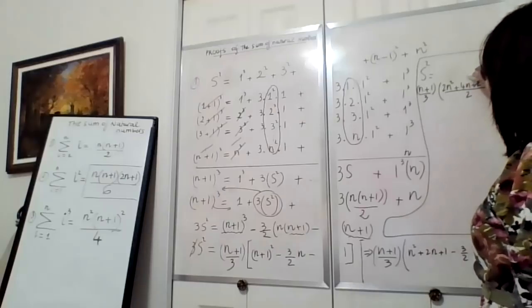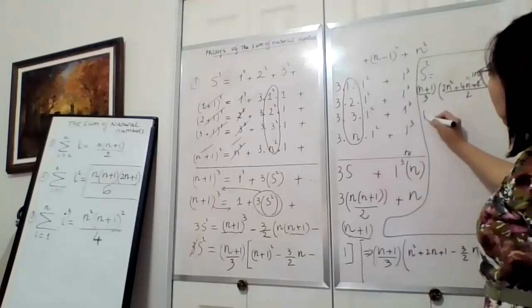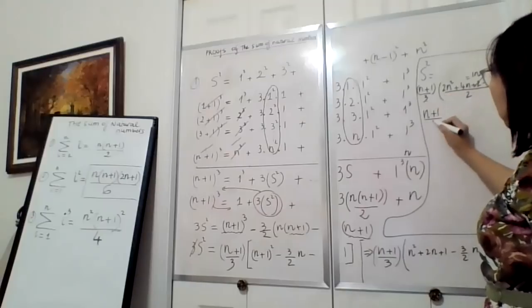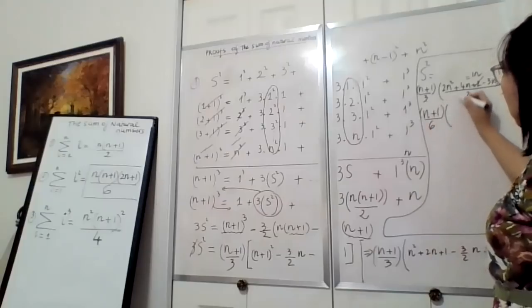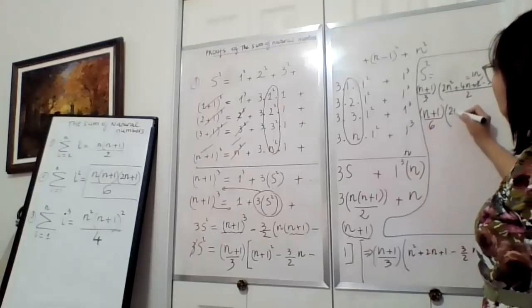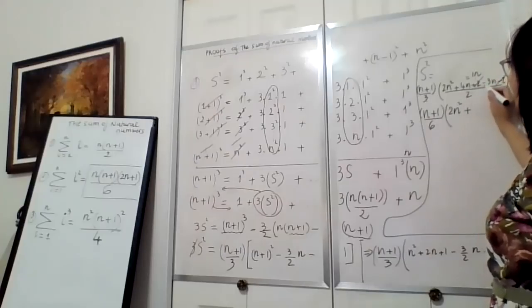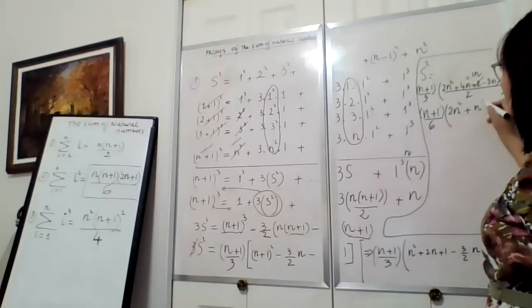So 4n minus 3n equals 1n. So I'm left with n plus 1. I'm going to tie these two guys together. 3 times 2 is 6. And here, I have 2n squared, and 4n minus 3n is 1n.